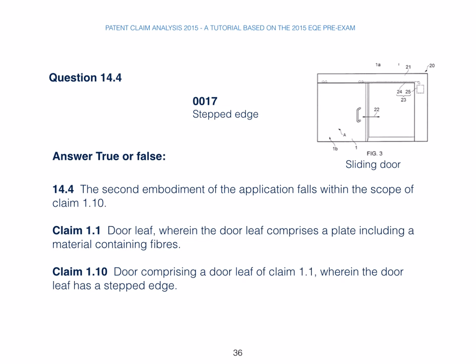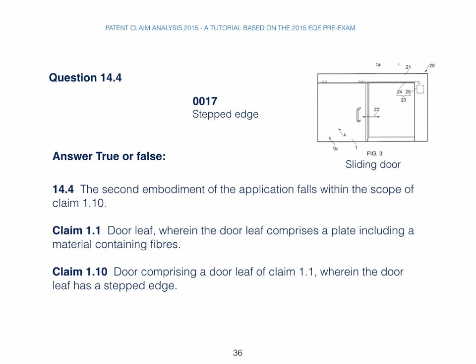Here the statement is, answer true or false, the second embodiment of the application falls within the scope of Claim 1.10, and Claim 1.10 adds to Claim 1.1, wherein the door leaf has a stepped edge. The stepped edge is discussed in the application paragraph 17.